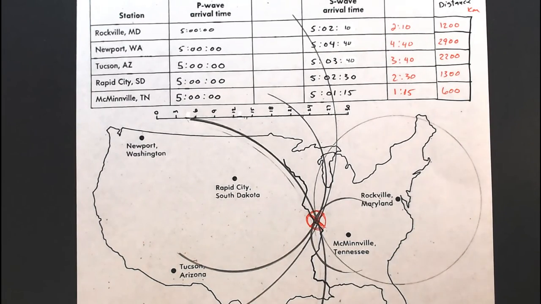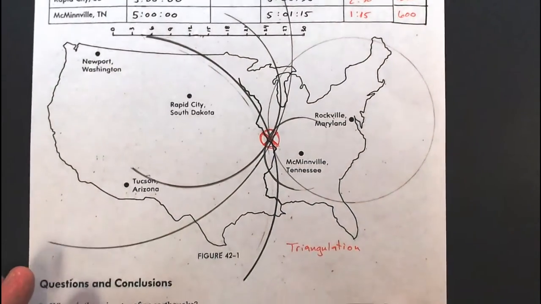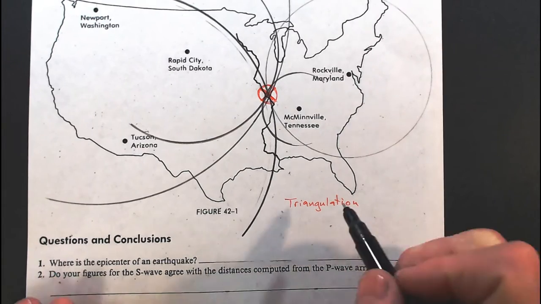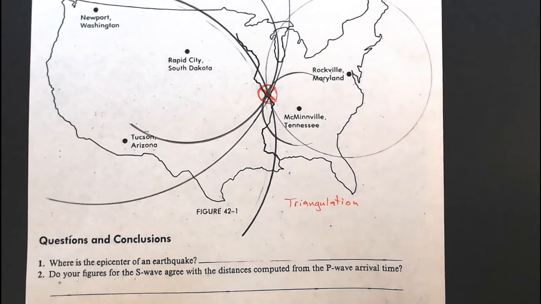Okay, and this is what is called a triangulation. We know that we have to have, right here, at least 3 points to be able to identify where the earthquake is. Okay, so hopefully this helps.